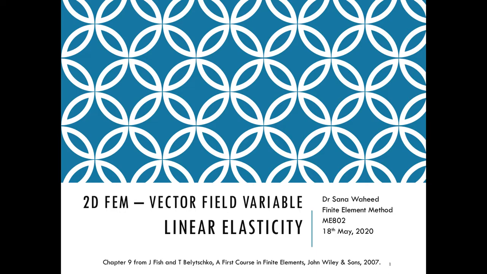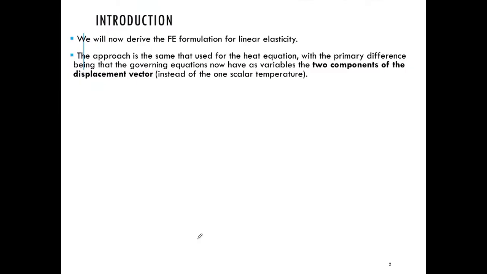So now what we want to do is move on to 2D problems where our essential variable is a vector. The example we are going to consider is linear elasticity. The only thing that's different from the scalar case is that for a vector variable, we have to look at the different components in a given Cartesian coordinate system.